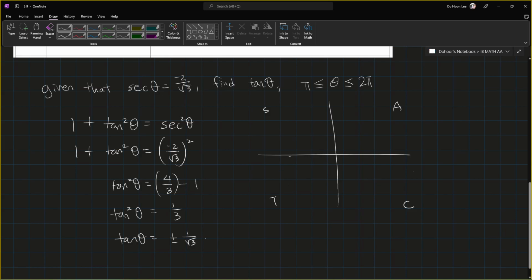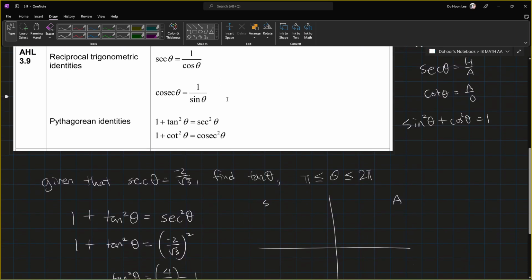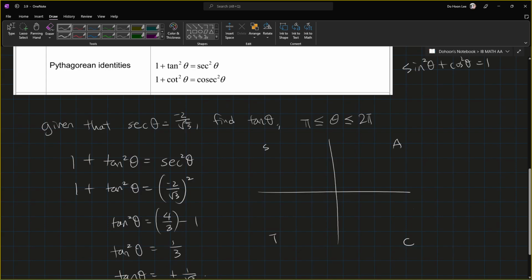Because secant theta is 1 over cosine theta, we can still use the labels. So secant theta should be the cosine. That means if the cosine or secant is negative, then it has to be either the second quadrant or the third quadrant.